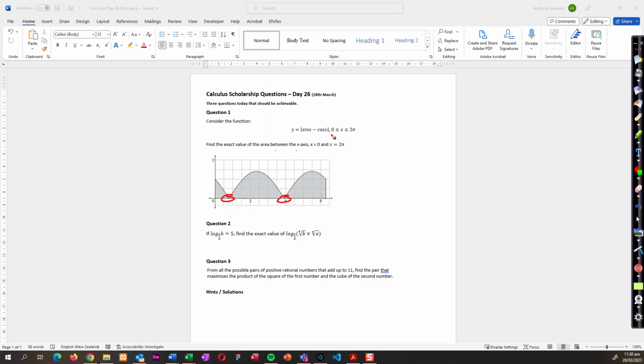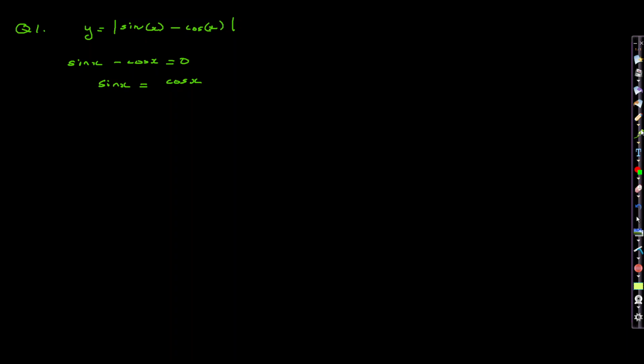In other words, where sine x is equal to cos x. So if we go back to here, now from your trig work, you should know that one point would be pi over 4, and the other one would be 3 pi over 2.